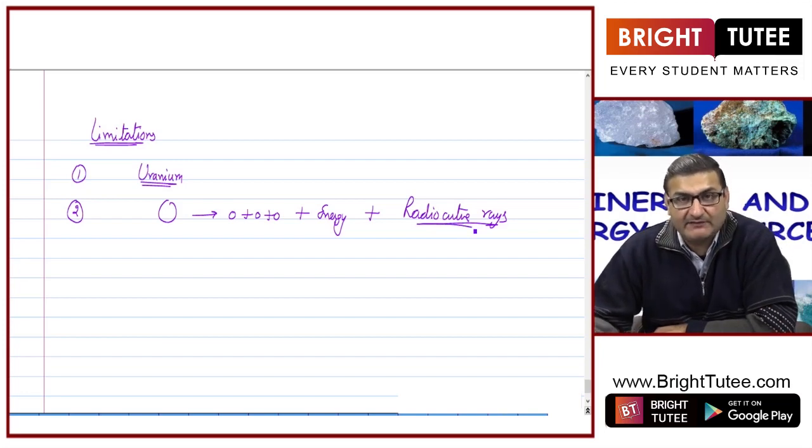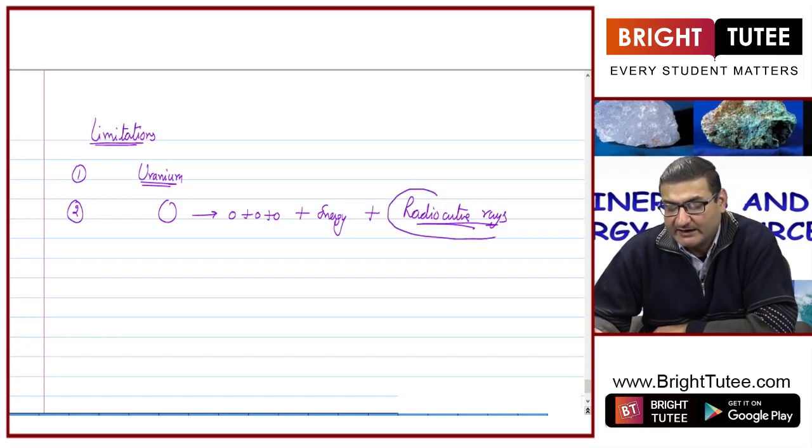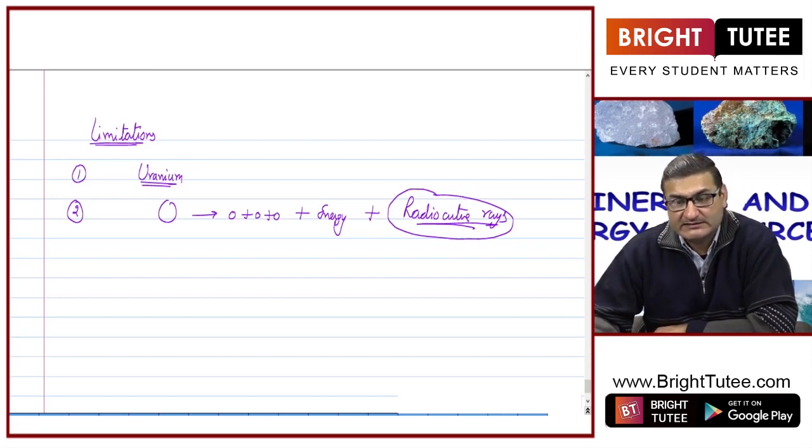Now, these alpha, beta or gamma rays which are emitted as a byproduct of this process are very harmful for humans, and that is the main problem. First is this waste that is generated, where and how to dispose it, how to get rid of this waste, that is a major threat.